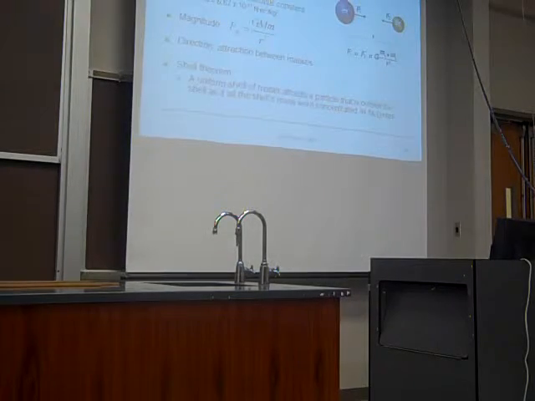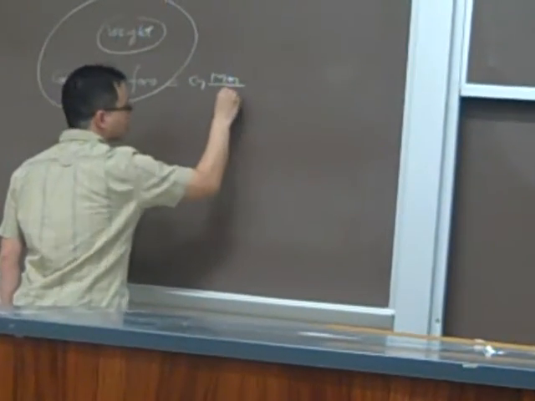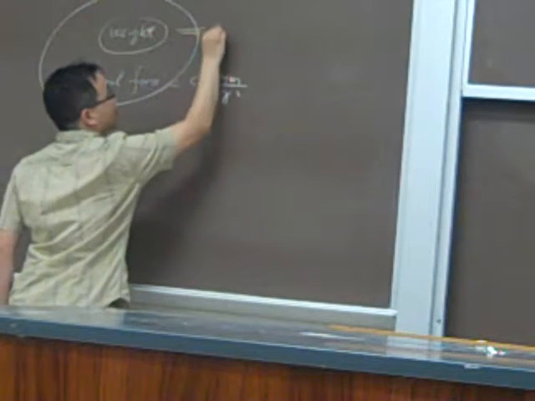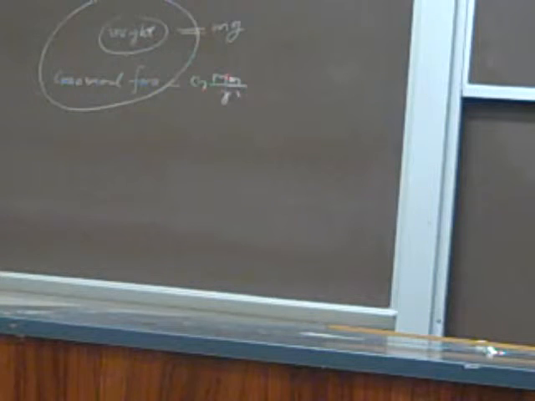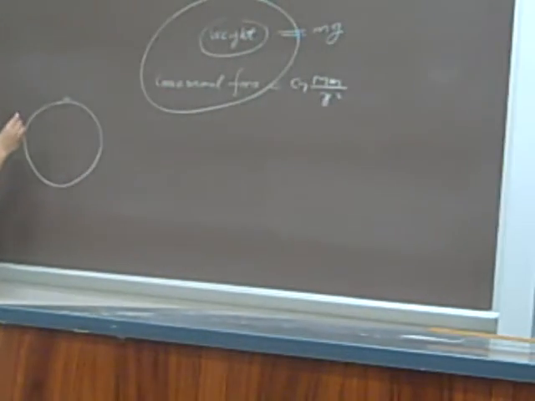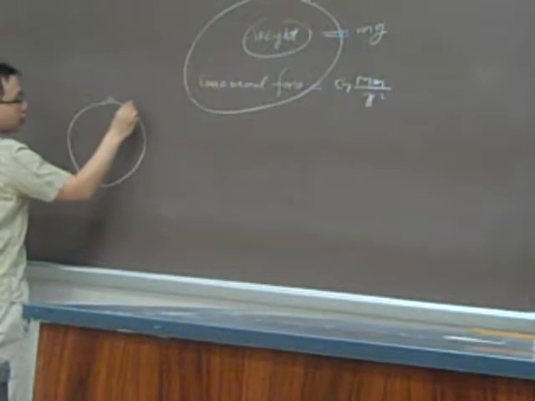Now, what is weight? This is calculated by G, capital M, small m over r squared. We know that we usually calculate weight with a simple equation, mg, right? This special case is only valid when you're talking about something very close to the Earth's surface. Let's start with the general equation and then derive the special equation.